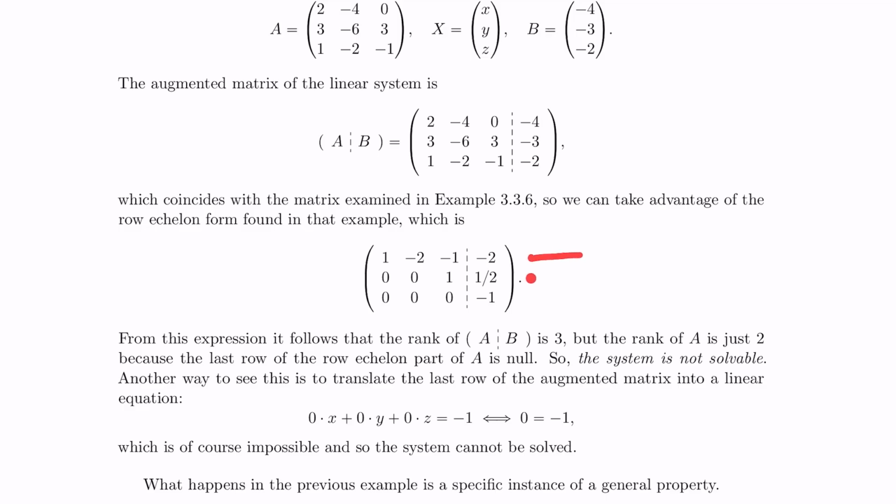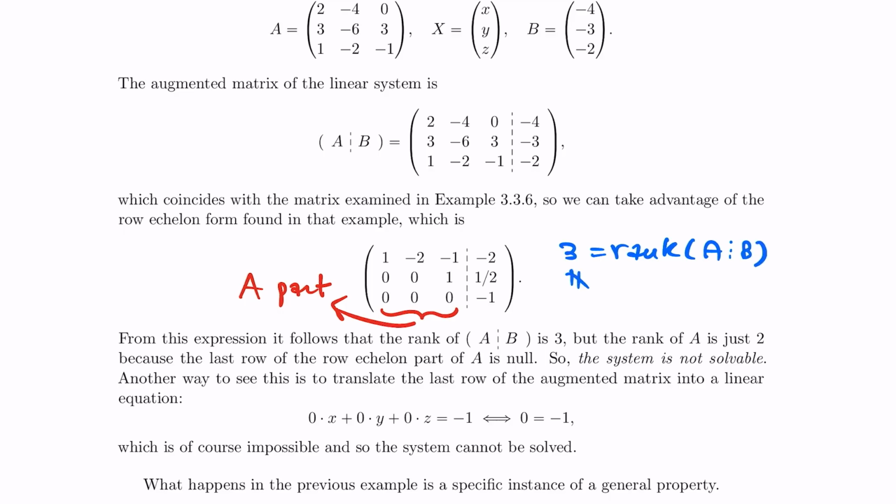Since we have 3 non-null rows, the rank of the augmented matrix is 3. However, if we take a look at the so-called A part of the matrix, we see that its rank is 2. In fact, there are only 2 non-null rows in the A part. So we have 3, the rank of the augmented matrix, different than 2, which is the rank of A, and so by the Roche-Capelli theorem, the system is not solvable.